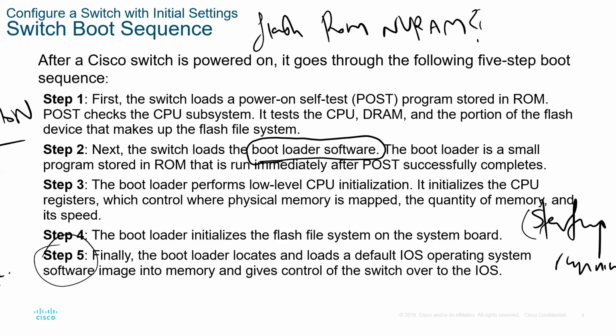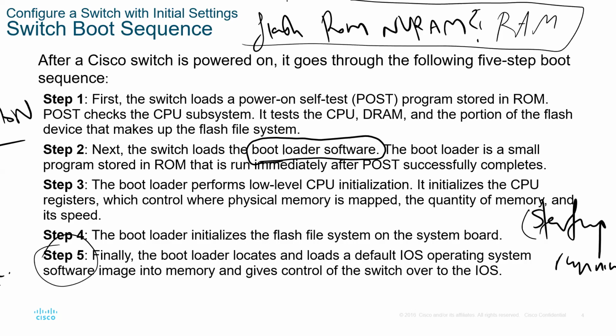Okay, NVRAM, flash, RAM. I was missing the RAM. So these are the types of memories. Our IOS is here, our bootloader is here, here is the startup configuration, and here is the running configuration.